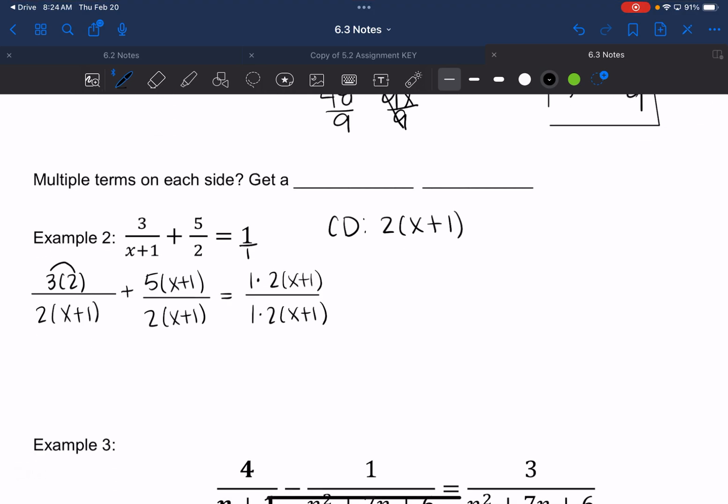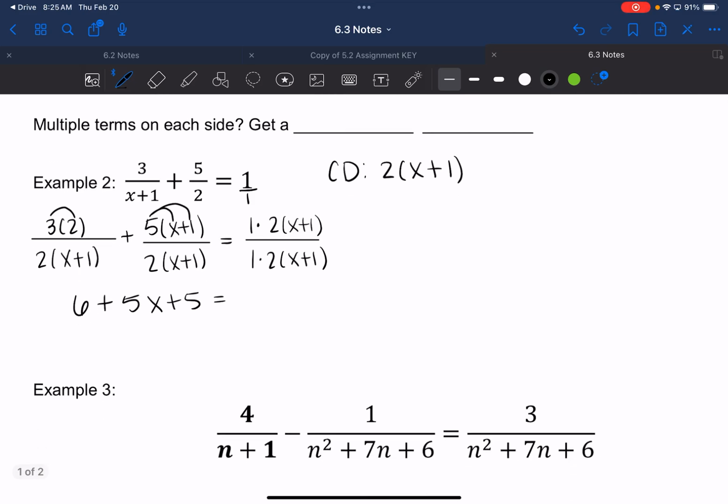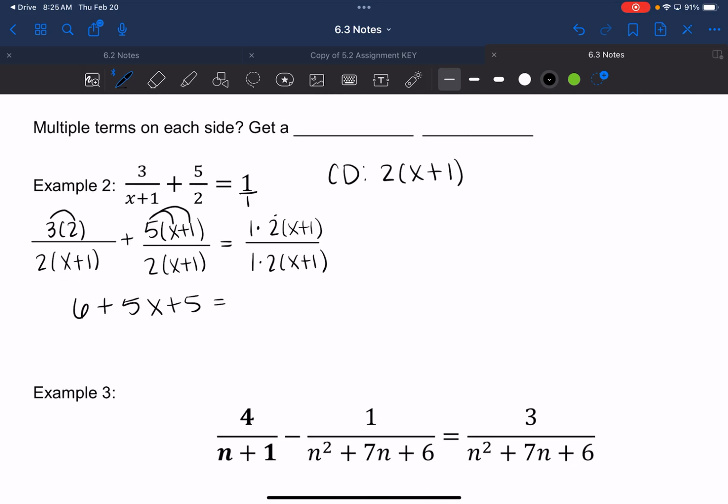So that first fraction would be 3 times 2, plus, in the second numerator, I've got 5 times x plus 1, which I could distribute, is equal to, over here we said multiplying by 1 wouldn't change it, so it's really 2 times x plus 1. And I could distribute that 2 into that parenthesis, right? So that gives us 2x plus 2, right?